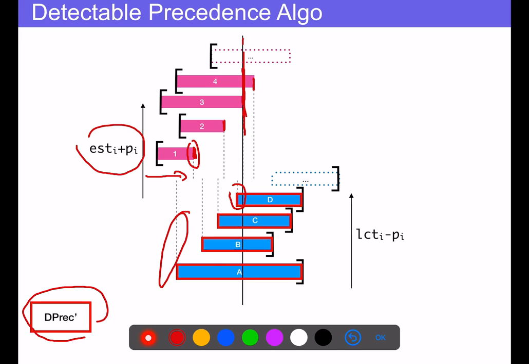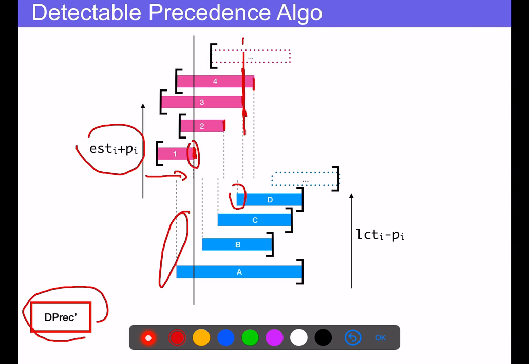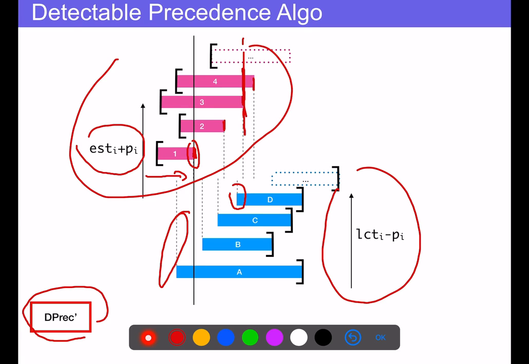And this is very nice because we now have an idea on how to implement this very efficiently, okay, using the theta tree. So I will sort the activities first according to this order, and I will also sort the activities according to this order. So I will sort them in two different ways to have a very efficient implementation of the detectable precedence filtering algorithm, okay?